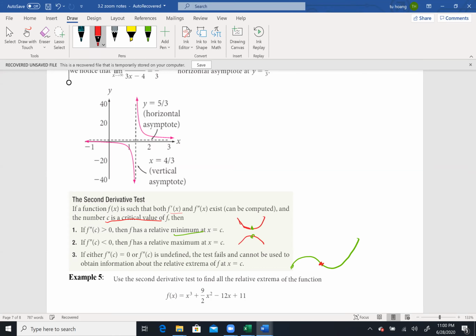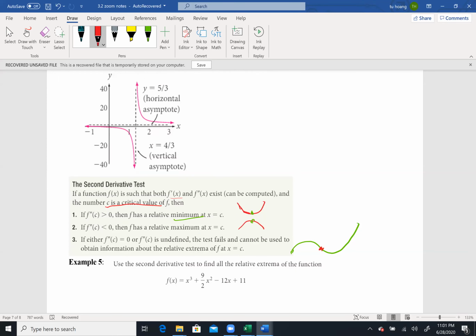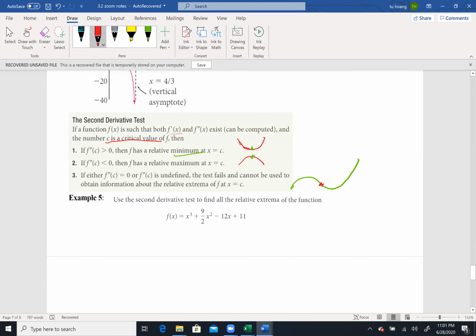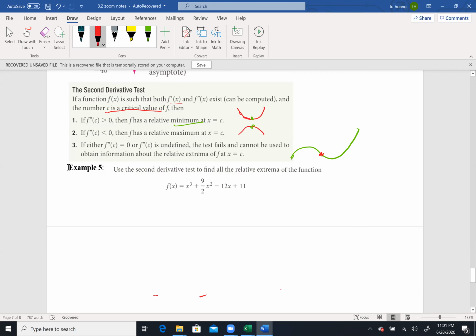In this case, you know that f second derivative of c is undefined, or f second derivative of c equals 0, then the test failed and cannot be used to obtain information about the relative extrema of f at x equals c. Okay, so I think I don't need to go over example 5 here, and I don't have time actually. So I'm gonna stop here.